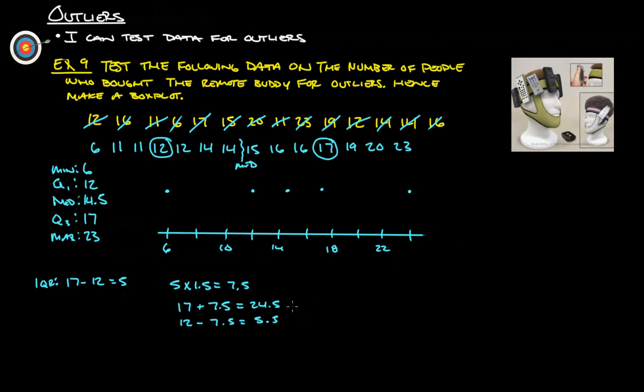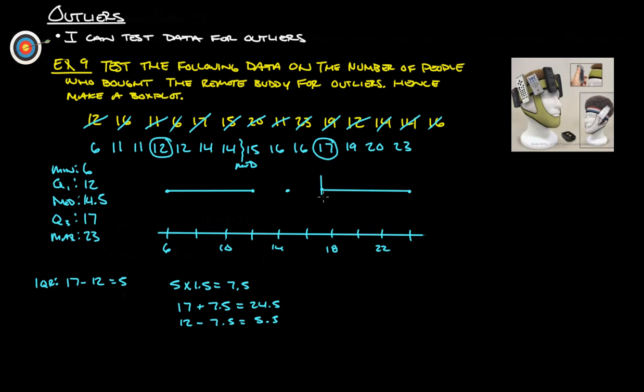Anything that's 5.5 or below would be considered an outlier too, and our minimum is 6, so that one's still okay. So neither our minimum nor our maximum are outliers. So we can now make our box and whisker plot, and then we will be all done.